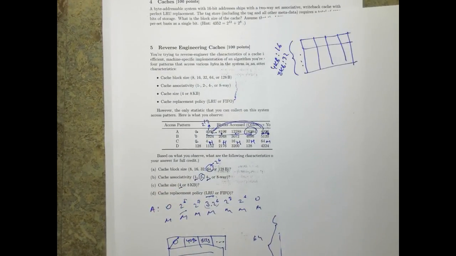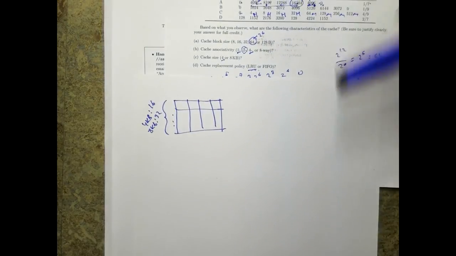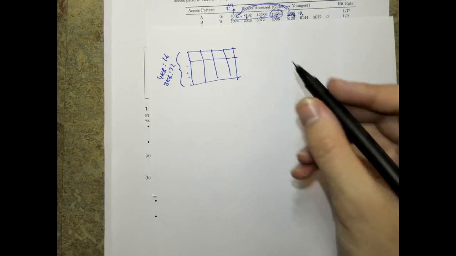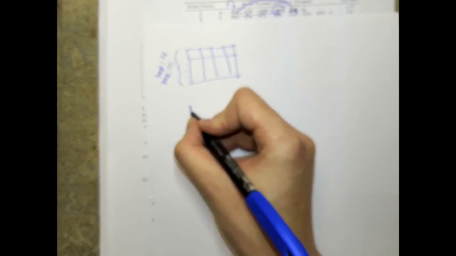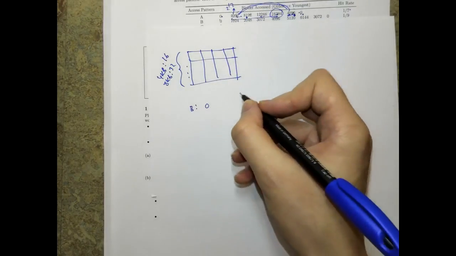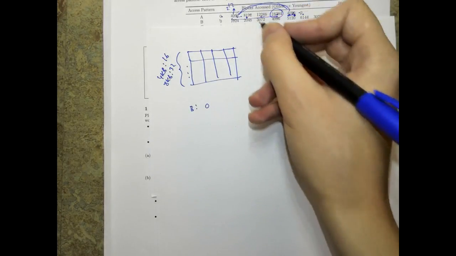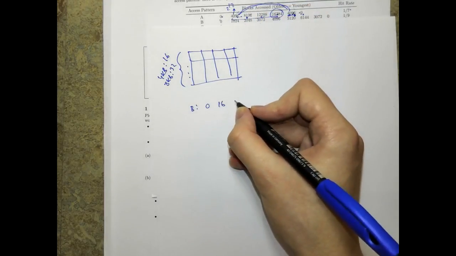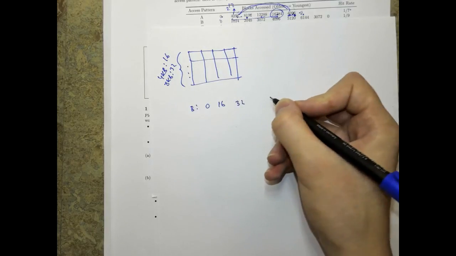So now if you look at B, is it possible to put those together? Okay, so B is there on top. If we divide those numbers by 64, just to make the math easier, we have 16, we have 32.